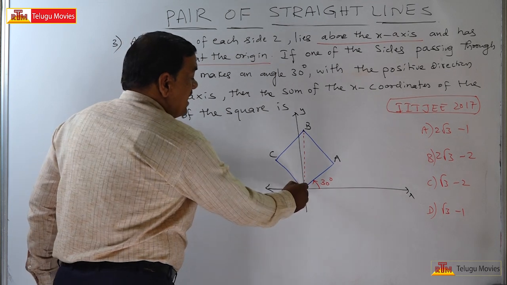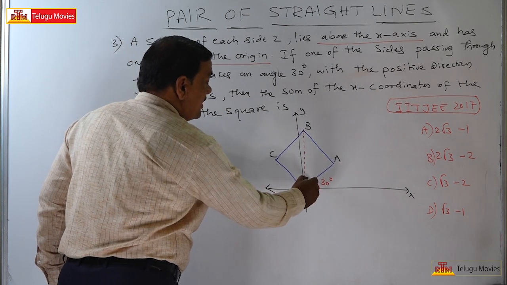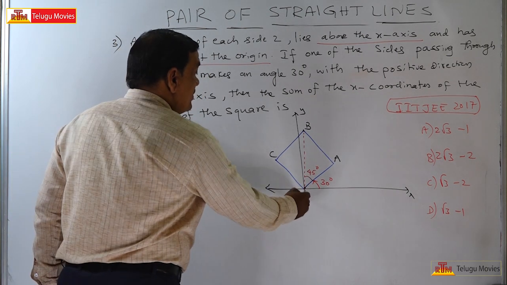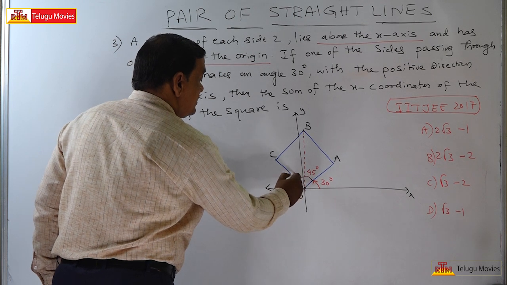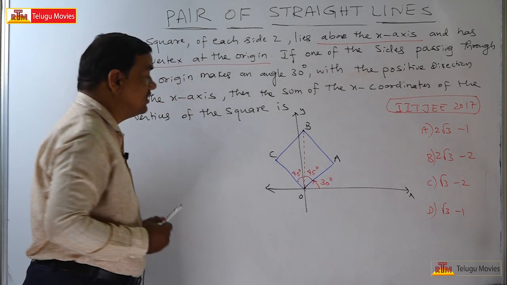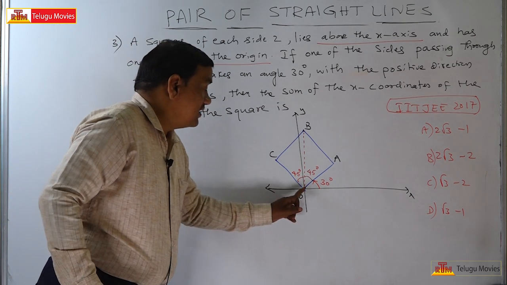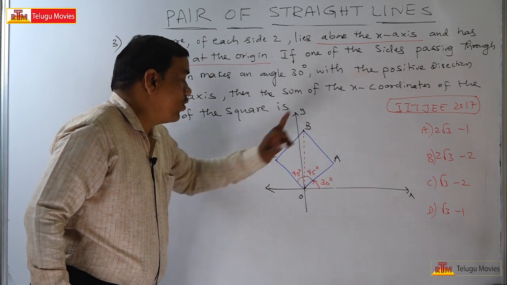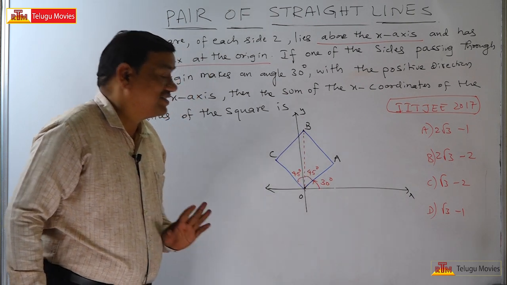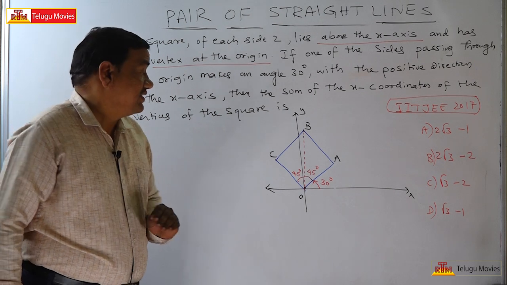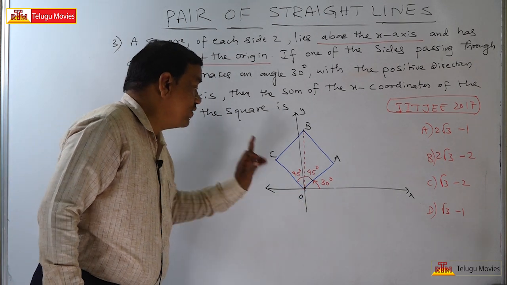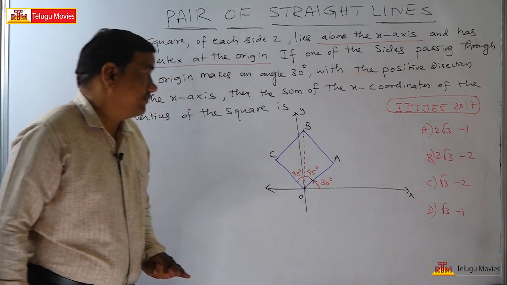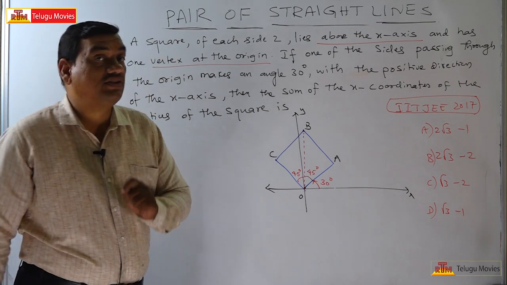The angle between OB and OA is 45 degrees, and the angle between OB and OC is also 45 degrees. On the whole, the side OA makes 30 degrees with the x-axis. The side OB makes 45 plus 30, that is 75 degrees with the x-axis, and the side OC makes 45 plus 45 plus 30, that is equal to 120 degrees with the x-axis.